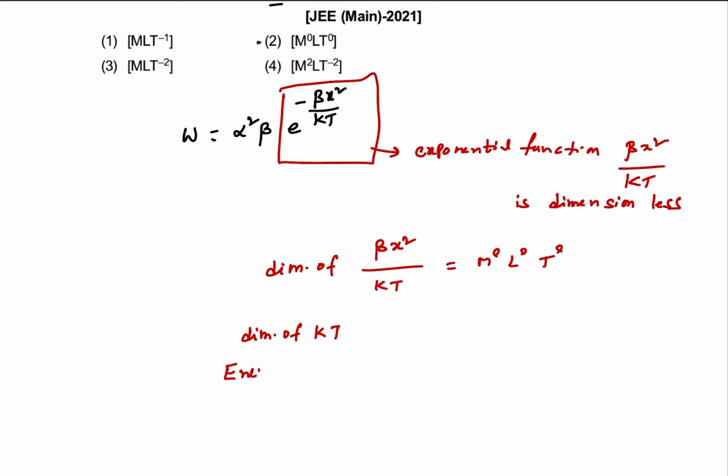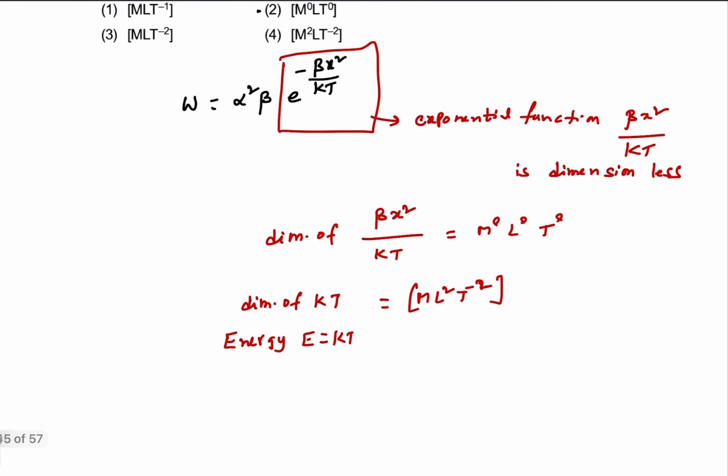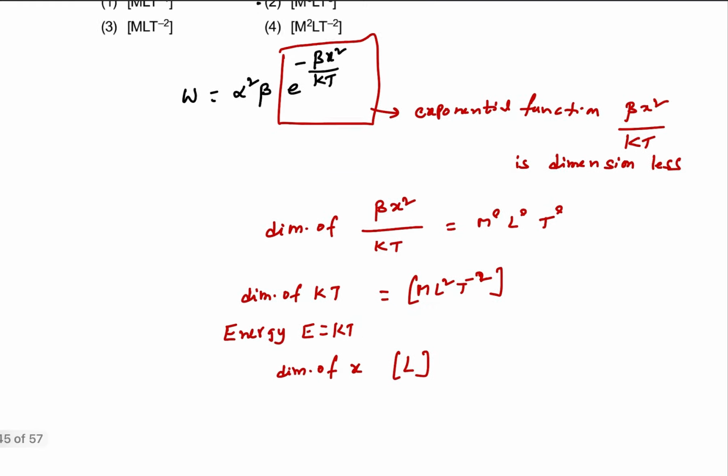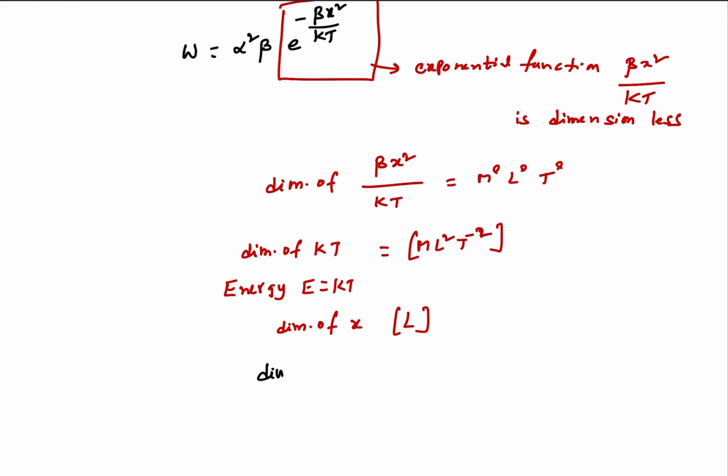Again, what is the dimension of kT? kT is nothing but energy, so this dimension can be written as M L square T power minus 2. This is the dimension of kT. The dimension of x is L, distance, as they have given.